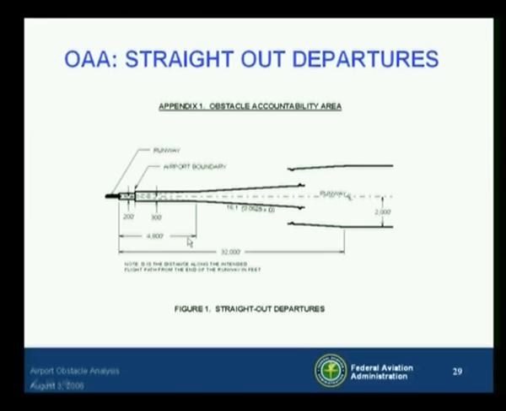This 4,800 feet comes from taking this number here. You see the D is the distance along the intended flight path from the end of the runway in feet, and a 16-to-1 splay equates to 0.0625 times D. So if you take 4,800 feet times 0.0625, I'll do the math for you, it equals 300 feet.